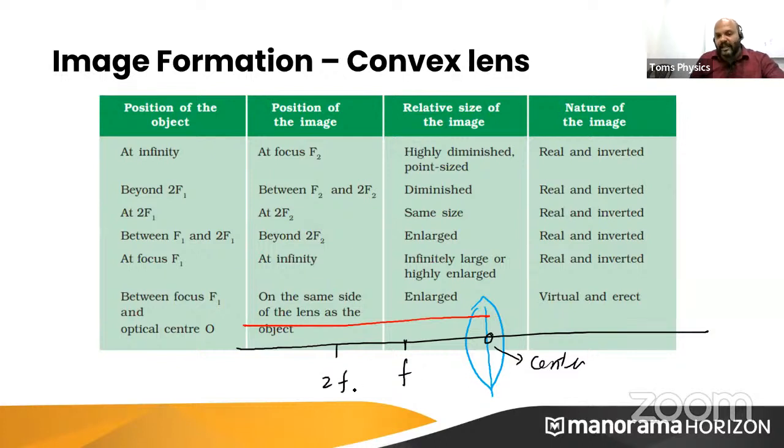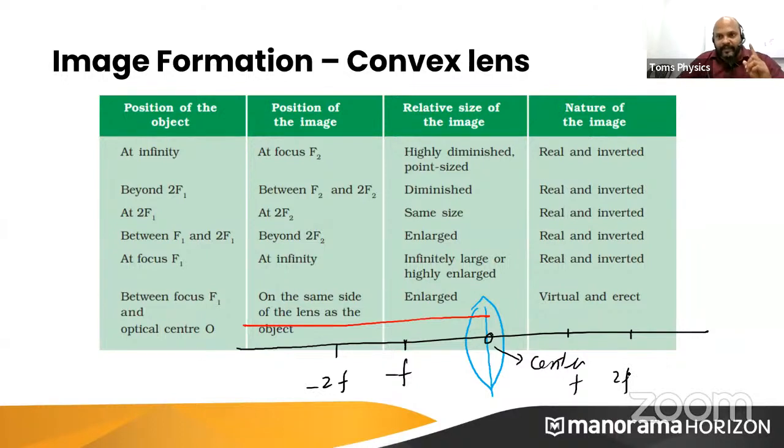We have the focal length and twice the focal length, and these exist on both sides of this system. The distances towards the left are considered negative. Towards the right, they are considered positive as a part of our convention.